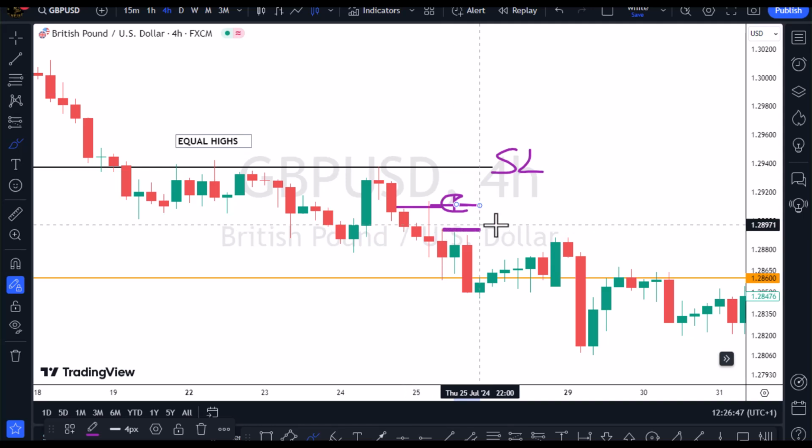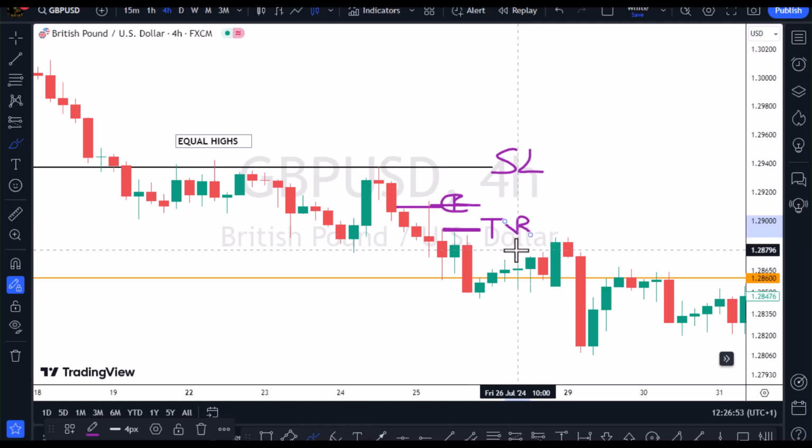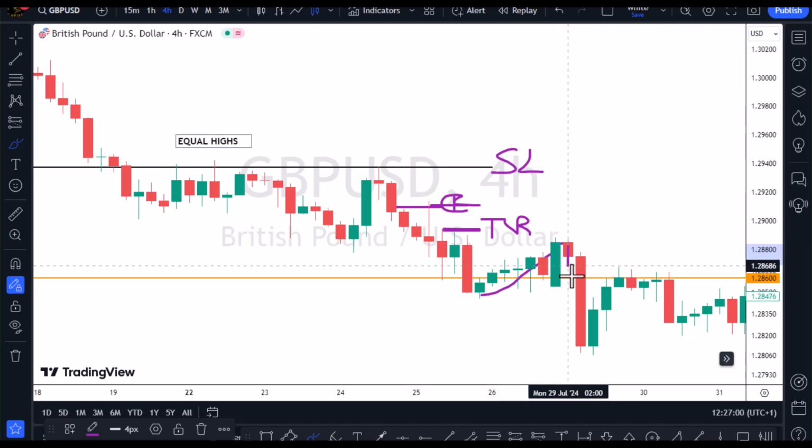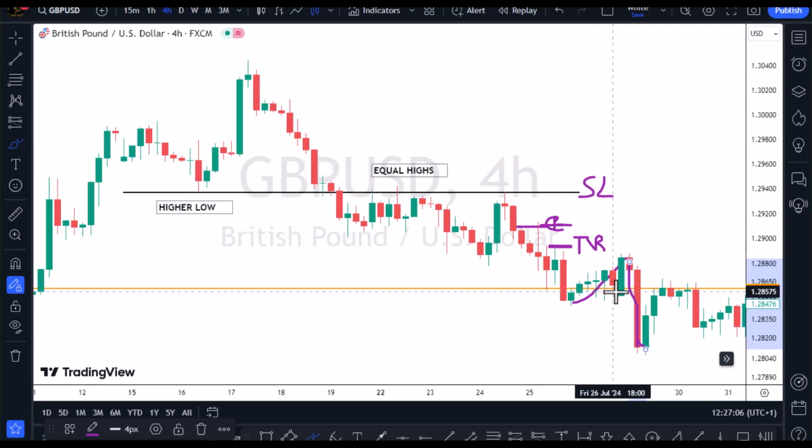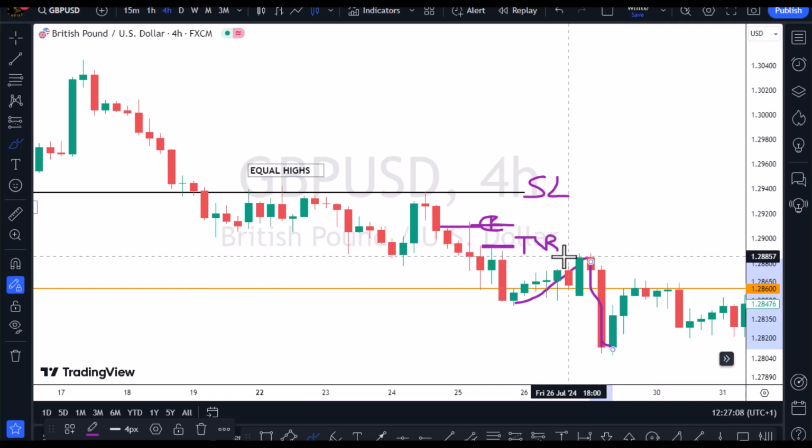Now you have your trailing stop at this level right here. As the market pushed up right here, it didn't get to your trailing stop, instead it pushed all the way down. As the market pushed down based on this strong bearish candlestick that broke the next key support level, you trail your profit again to the high of this bar.